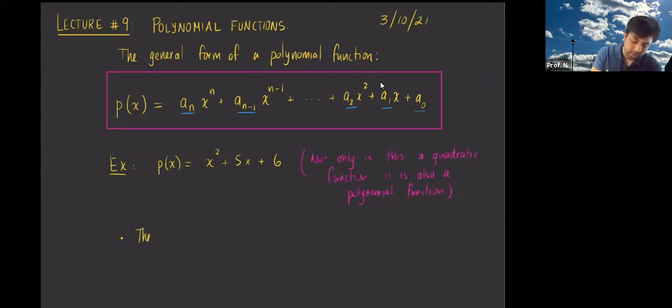The coefficients a sub n, a subscript n, a sub n minus 1, all the way down to a sub 2, a sub 1, and a sub 0, are all real numbers.